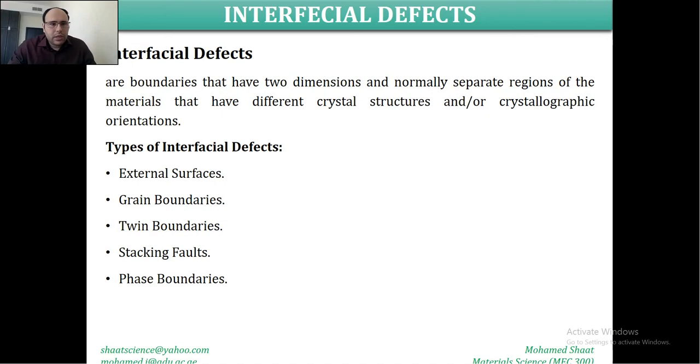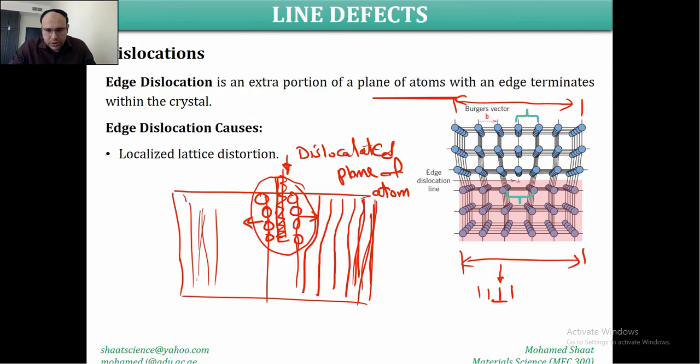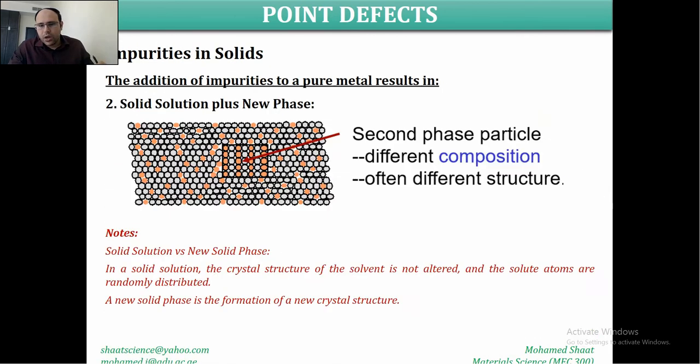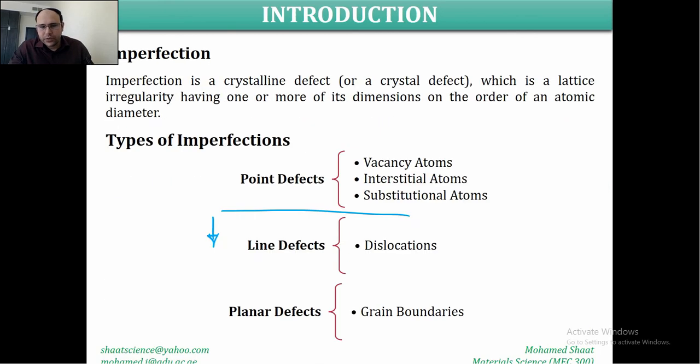All right, so now let us move to the last group of defects, which are known as interfacial defects. As we discussed, we do have three sets of defects. We do have the point defect, we do have linear or line defects like dislocations, and planar defects or interfacial defects like the grain boundaries.